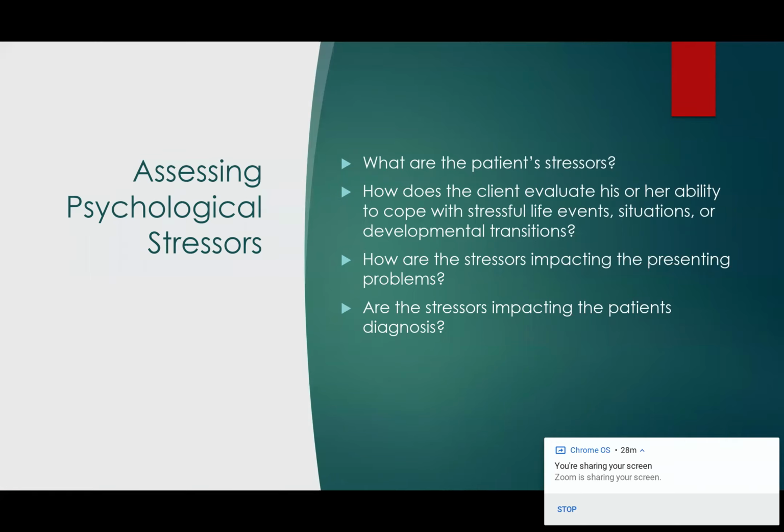And so hypervigilance may be telling of a potential diagnosis of PTSD or other trauma-related disorder versus generalized anxiety disorder, for instance. So we want to know how the stress might impact a diagnosis. And again, we're not diagnosing in this class.